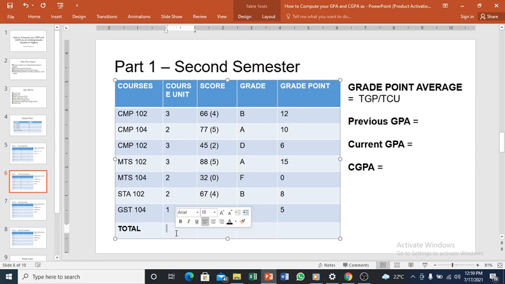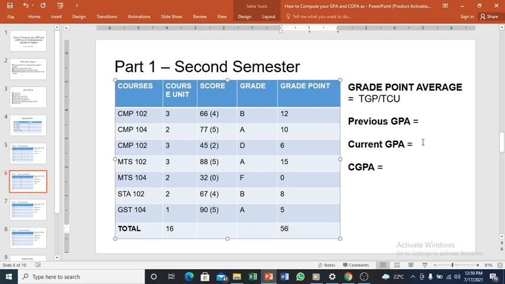So let's look for the total course unit. 3 plus 2 is 5, plus 3 is 8, plus 3 is 11, plus 2 is 13, plus 2 is 15, plus 1 is 16. So the total course unit is 16. Total grade points, let's compute: 12 plus 10 plus 6 plus 15 plus 0 plus 8 plus 5 equals 56.